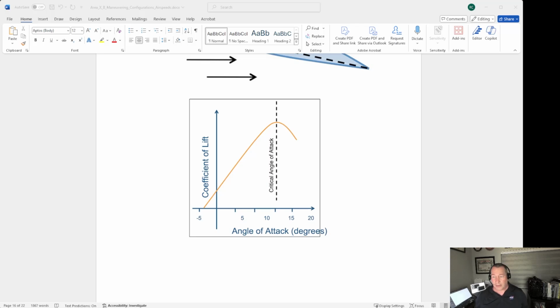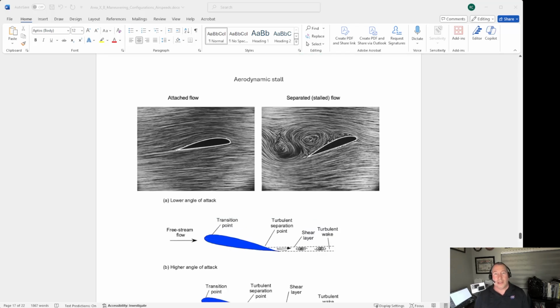critical angle of attack. When the critical angle of attack is reached, you have what we call an aerodynamic stall. That is a point at which the smooth airflow flowing over the top of the wing, as you can see in our leftmost wind tunnel depiction, the air is flowing smoothly around the entire airfoil.